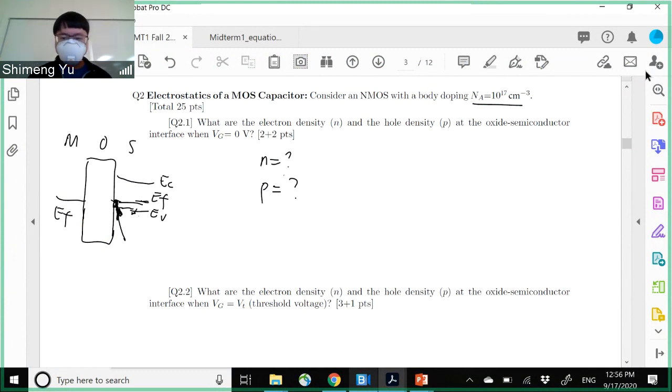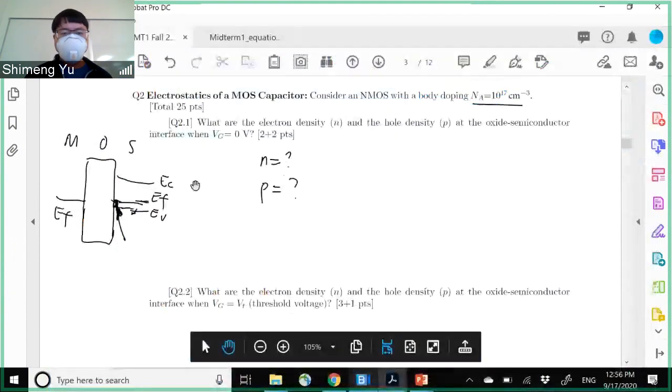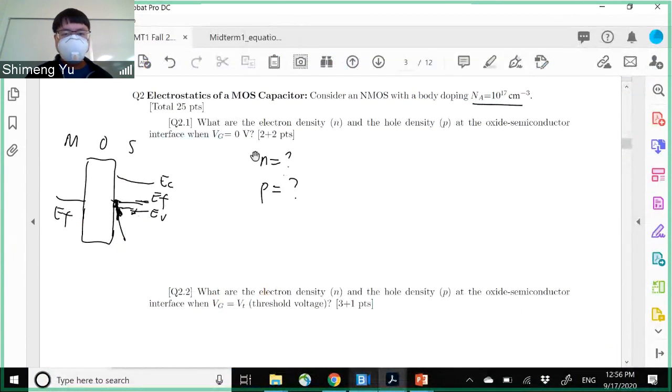Okay, so let's think about this. This is at the equilibrium state. So it's like a p-type semiconductor in the substrate. Then you know we have more holes because we have Na.